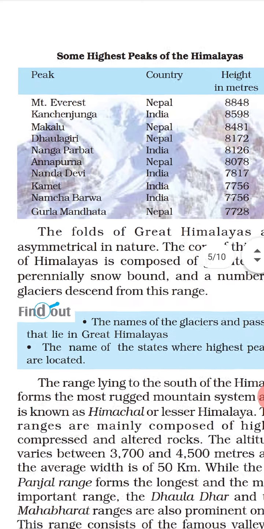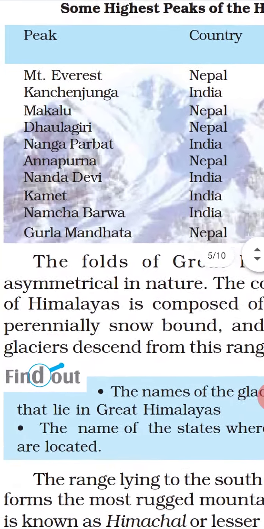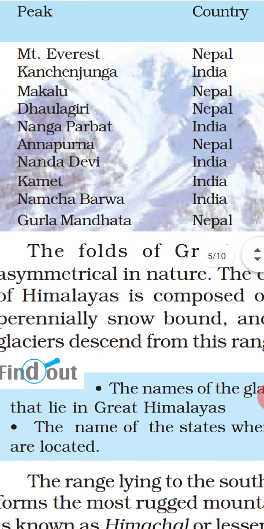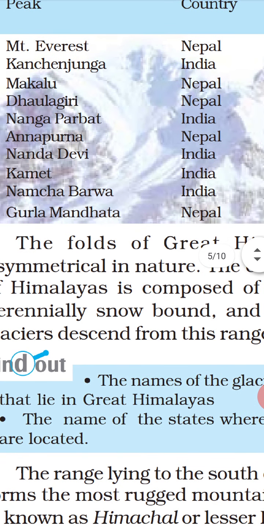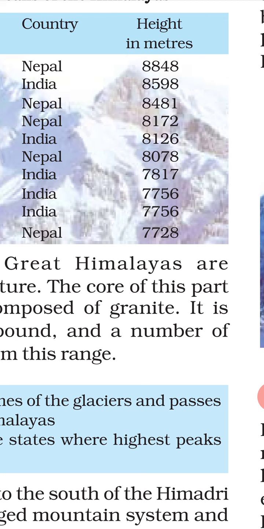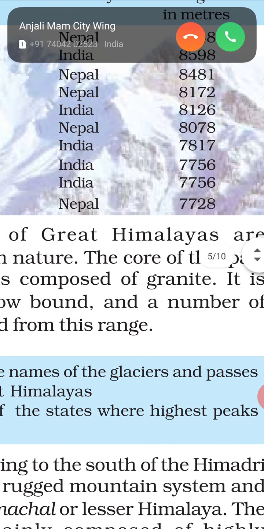Then Dhaulagiri in Nepal, then Nanga Parbat in India, then Annapurna in Nepal, then Nanda Devi in India, then Kamet in India, then Namcha Barwa in India, and Gurla Mandhata in Nepal. These are the highest peaks of the Himalayas.